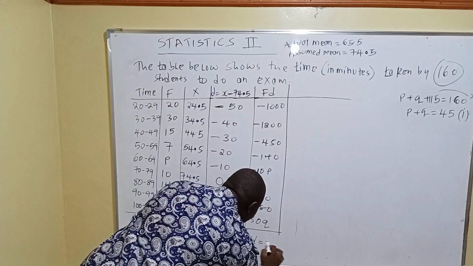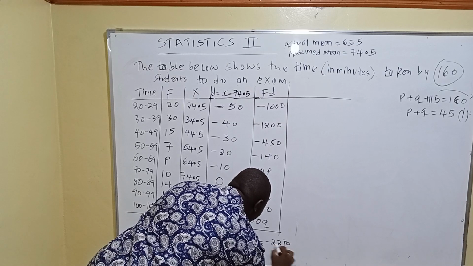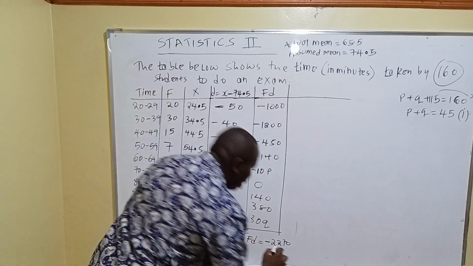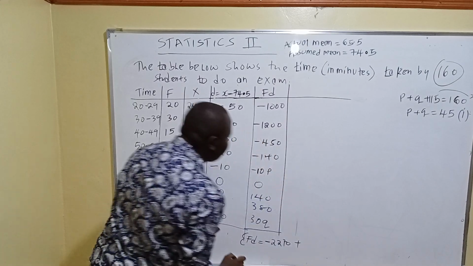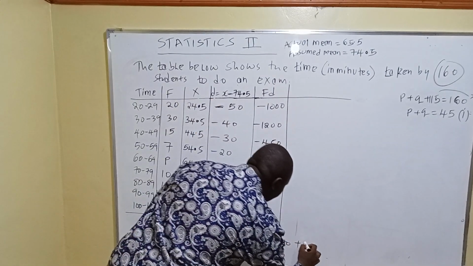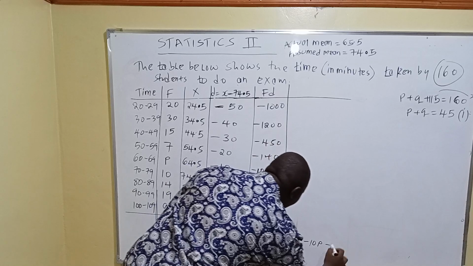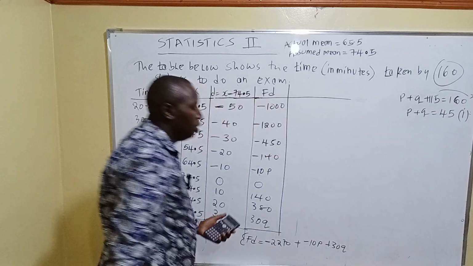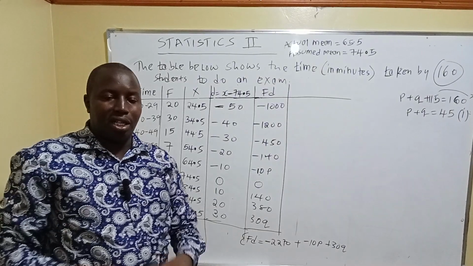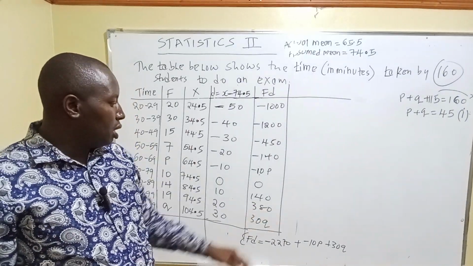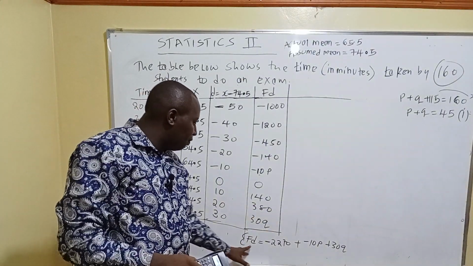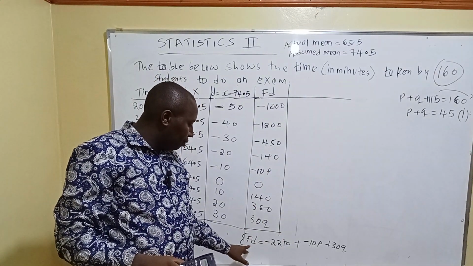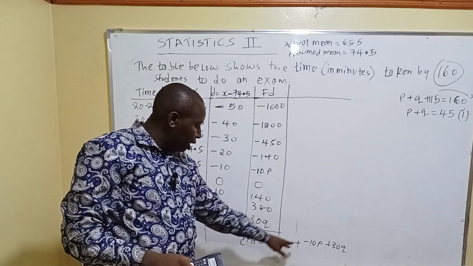This comes to minus 2270. That is sigma FD, minus 2270, plus minus 10P, plus 30Q. So this is the sum of the deviations, the sum of frequency times deviations, FD.